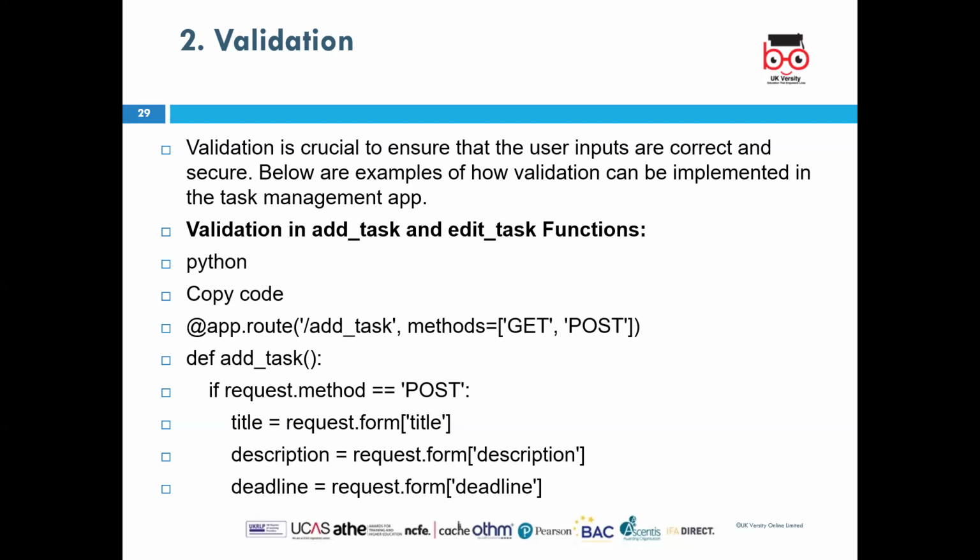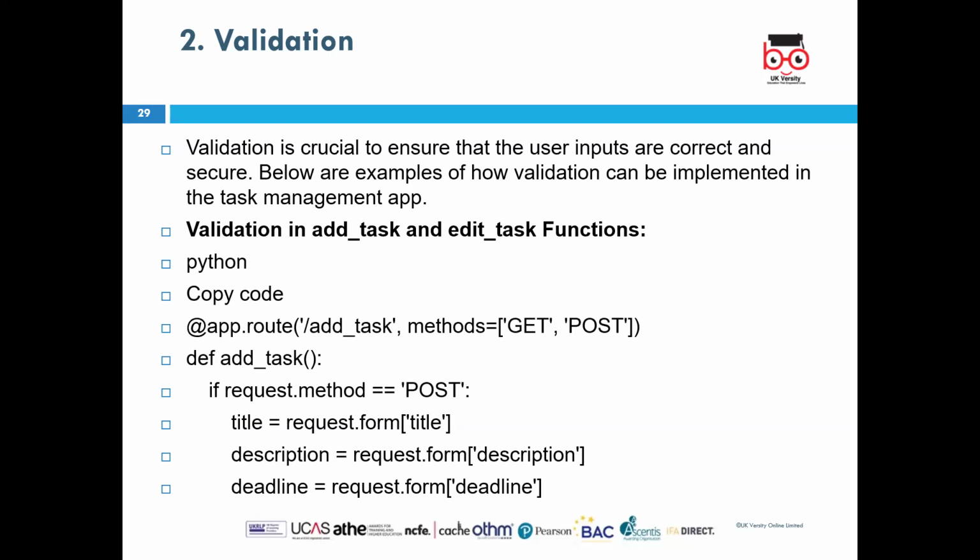So we have validation, which is crucial to ensure that user inputs are correct and secure. And here we have an example of how this validation has to be done through our function, where we define our function with add task, and we have a method which we're going to use to post.